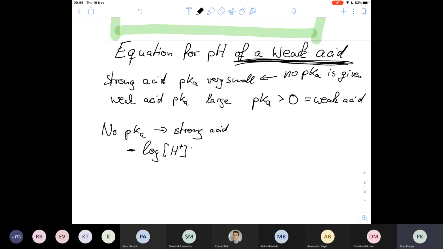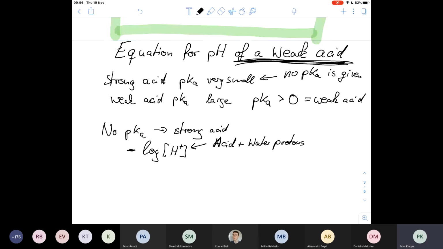Bear in mind, this could be the acid concentration plus the water protons. Sometimes we simply ignore the water protons.